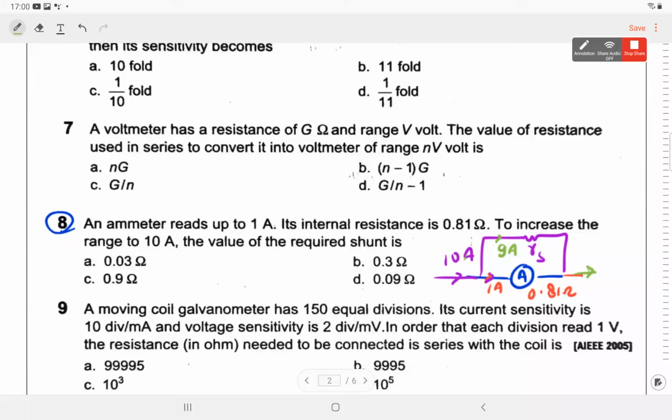Overall current that it can show maximum is 1. 10 एम्पियर की रेंज का एमीटर बनाने के लिए हमें पैरेलल में एक रेजिस्टेंस लगाना पड़ेगा जिसमें कि रिमेनिंग 9 एम्पियर can pass. So 9 into shunt resistance is equal to 1 into 0.81. 0.09. Fourth option.